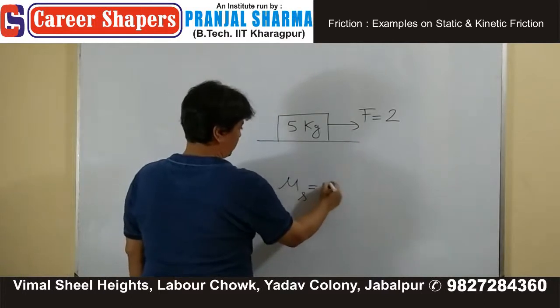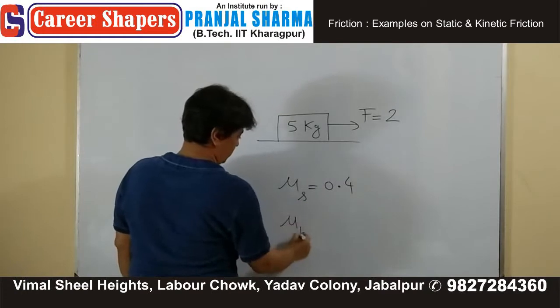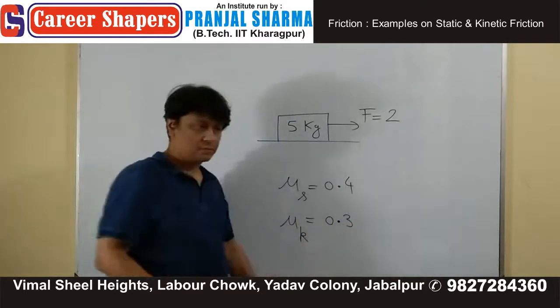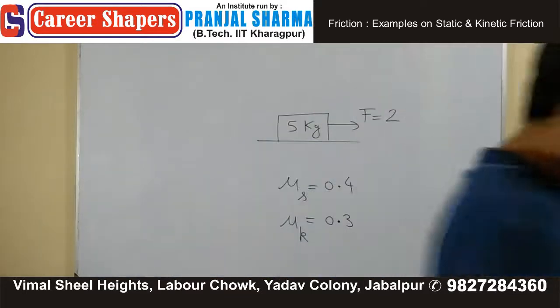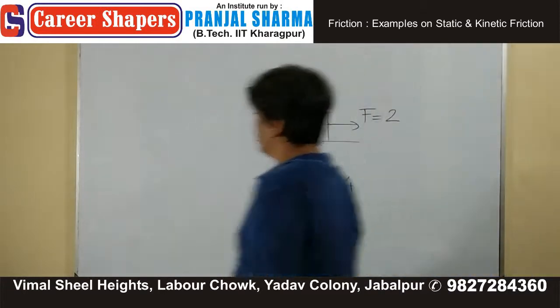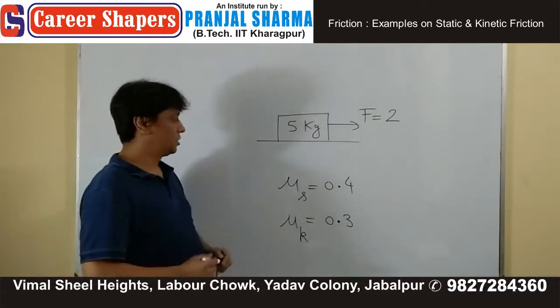Coefficient of static friction is 0.4 and coefficient of kinetic friction is 0.3. And the aim is to find the friction acting on the block.